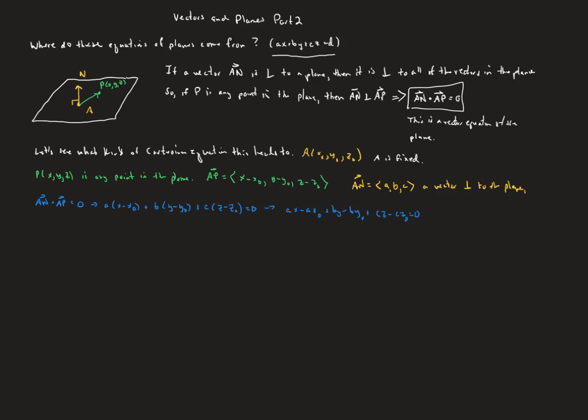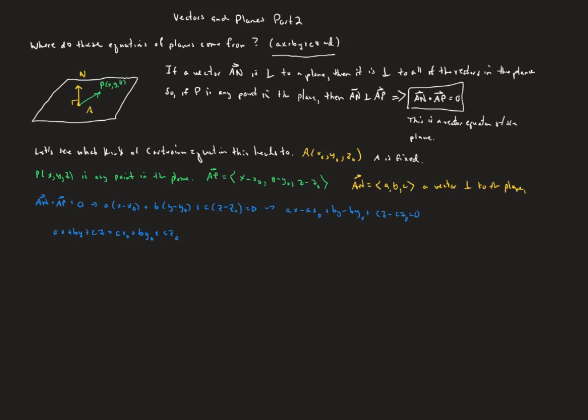So if we leave the stuff without the minus signs on the left side, we have the AX plus BY plus CZ, and we add those others to the other side, we get AX sub 0 plus BY sub 0 plus CZ sub 0.